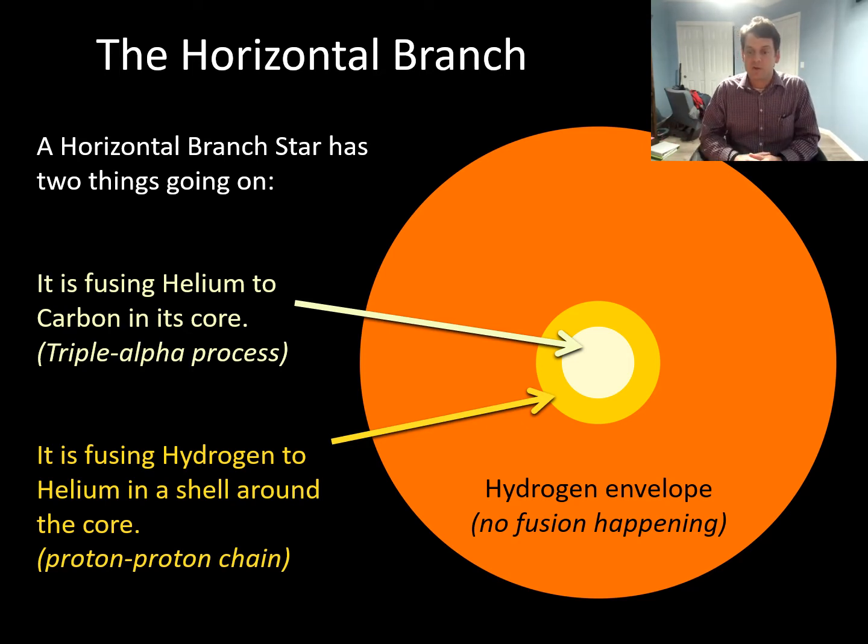Up until now, we always only had one part of the star that was fusing, whether it was the core on the main sequence or this thin shell on the red giant branch. Now on the horizontal branch, we've got two different types of fusion occurring in two different regions of the star.